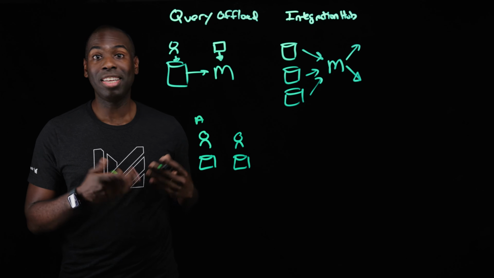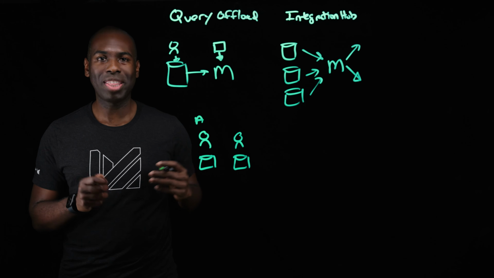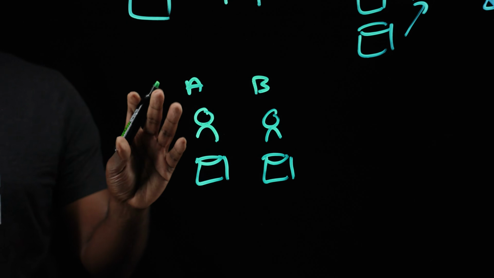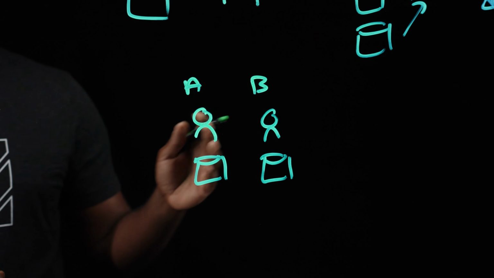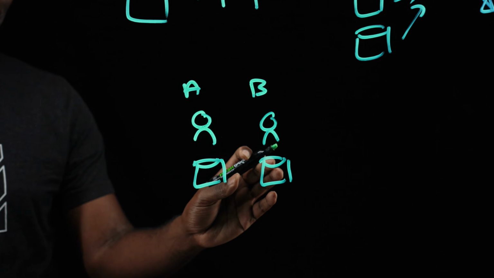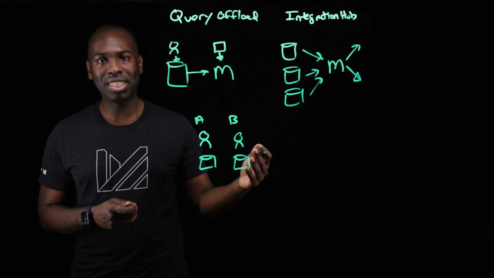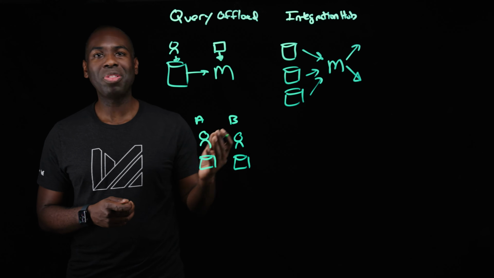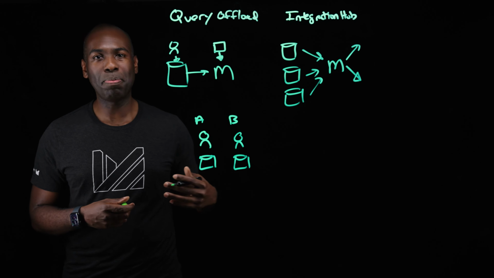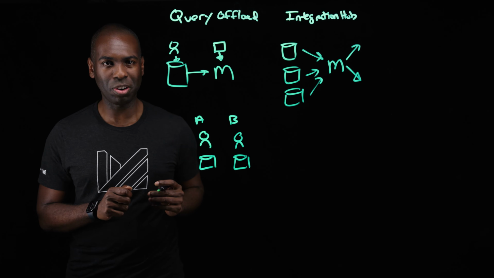Because Team A can scale their database, they can make schema changes, they can apply security patches without having to coordinate with Team B. Well, what happens when Team A needs to access Team B's data? You might think you could query this database directly. The challenge is now you're coupled. If Team B wants to make a change to their schema, for example, now they have to coordinate with another team. This really destroys the productivity benefits, the agility benefits that were promised by microservice architectures in the first place.